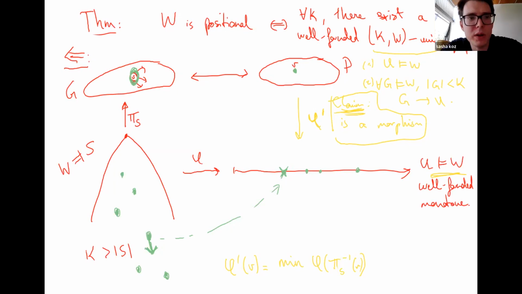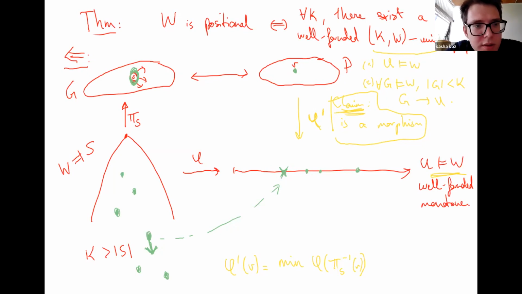Well, I think well-foundedness is used to show that I can choose, among all finite paths that I can come by, one with the minimal rank. By rank, I mean just the image by phi, the image in the universal graph.